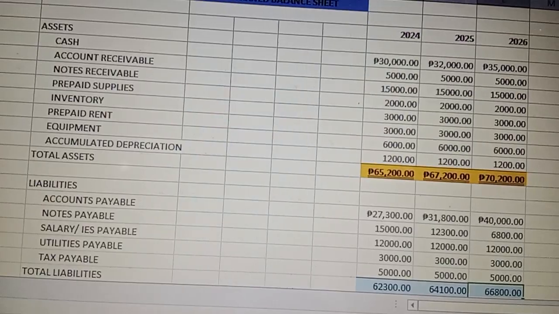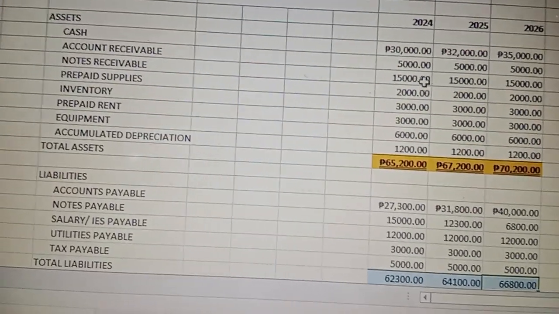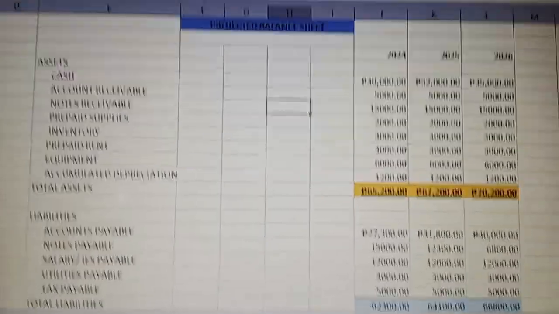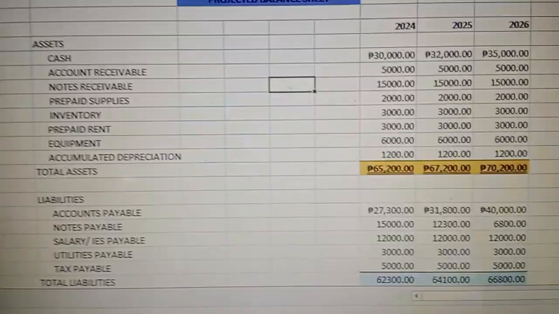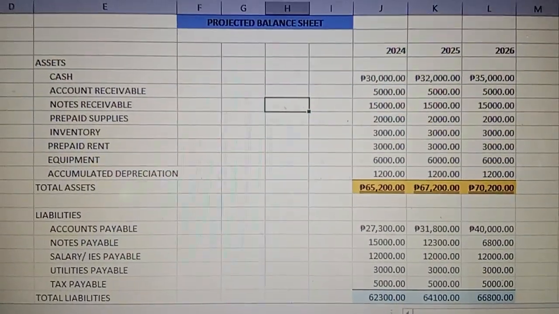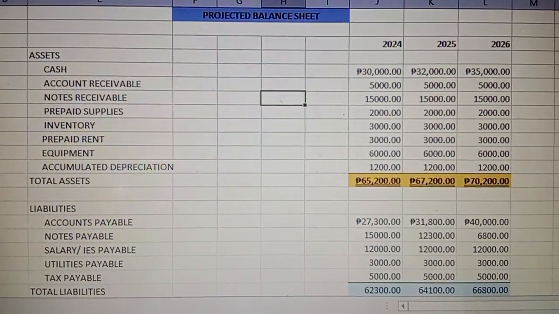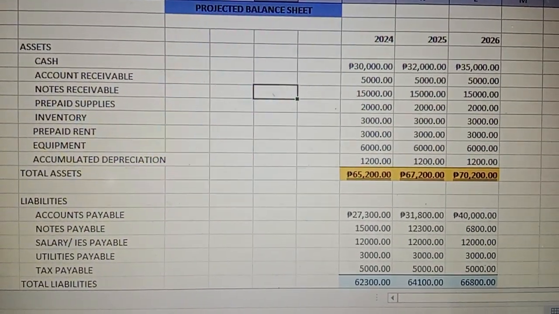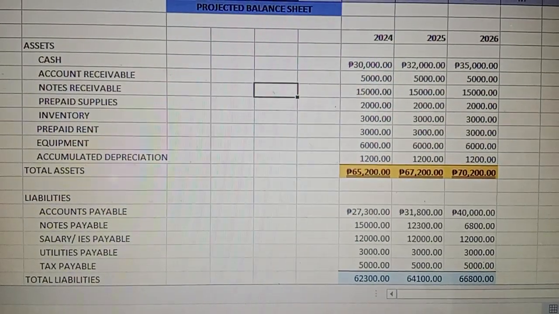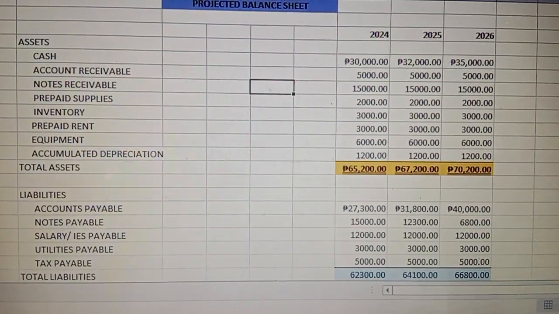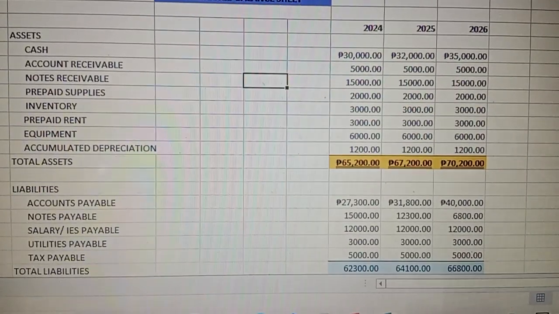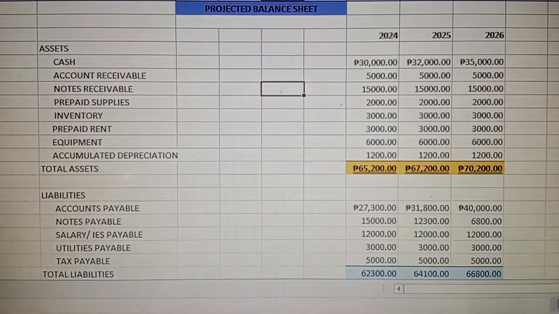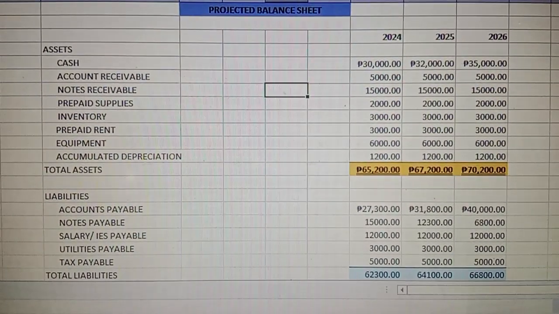By the way, you will still be able to collect that, but for security of your cash, if you cannot collect on time, with notes you ask the customer to sign a promise, to write a promise with their signature affixed to it, that they accept that they have an amount of money or product on account and are responsible to pay that amount to you by a specific date and percentage.